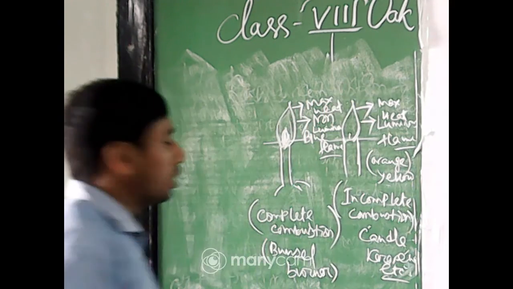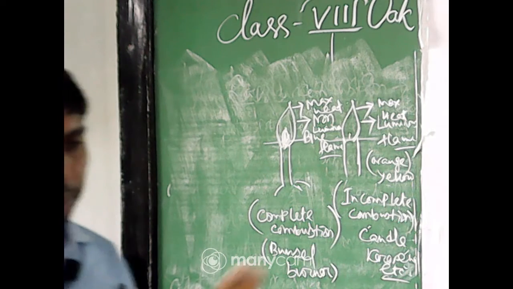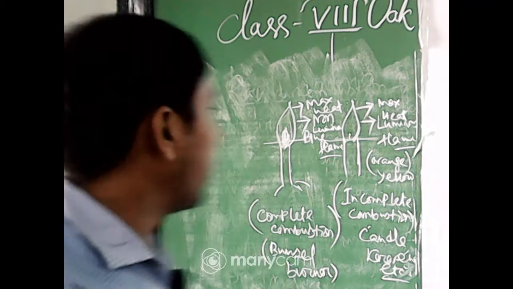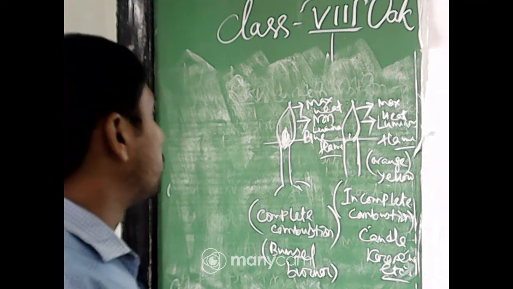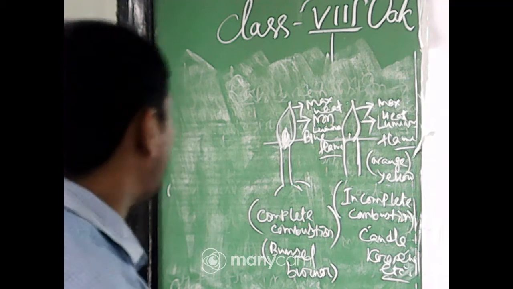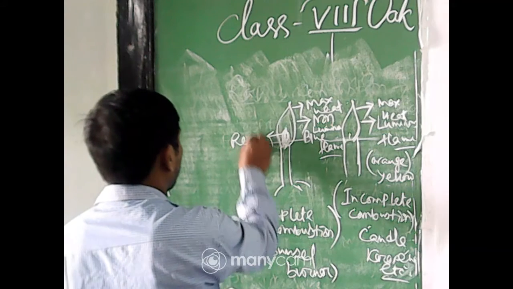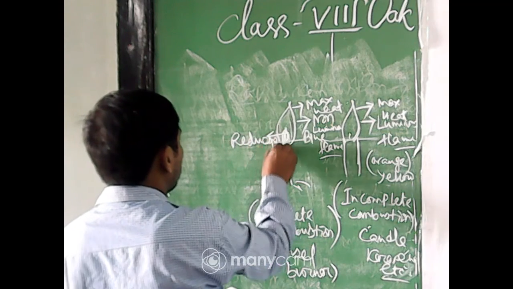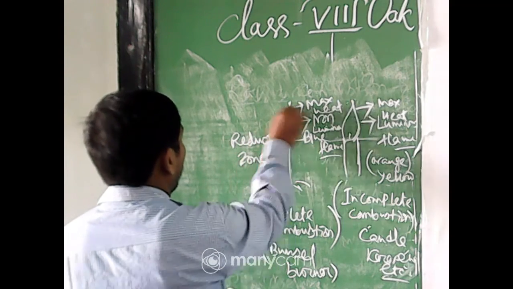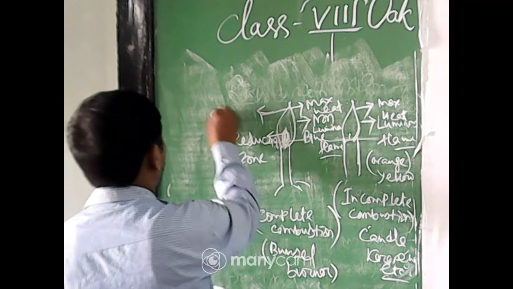So the outermost layer has the maximum amount of heat energy, and the inner core has lower heat content. The inner core is also called the reducing zone, and the outer layer is called the oxidizing zone.